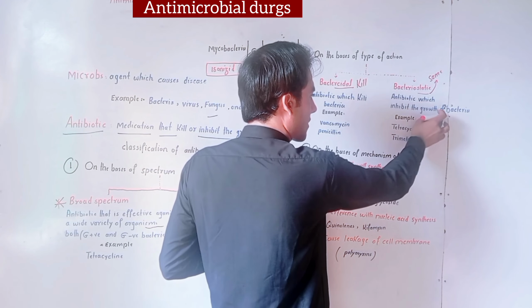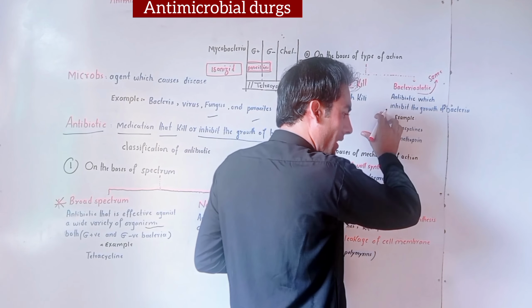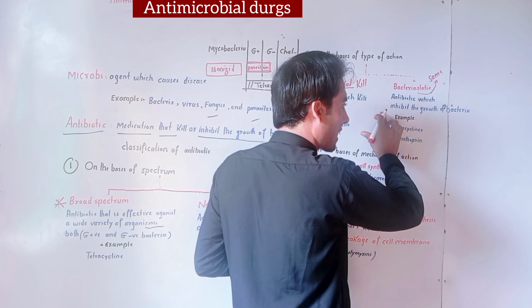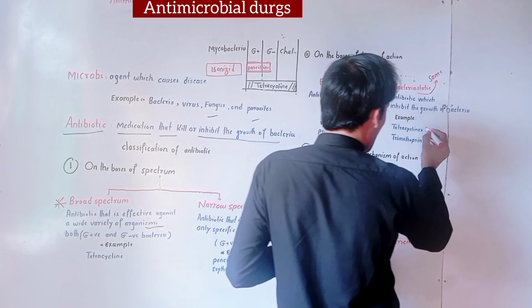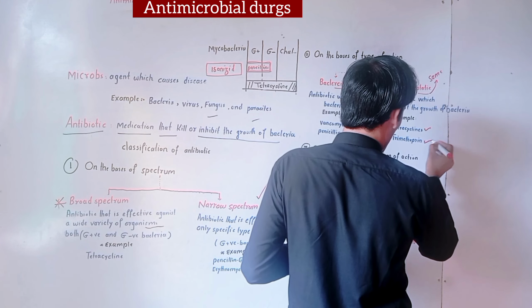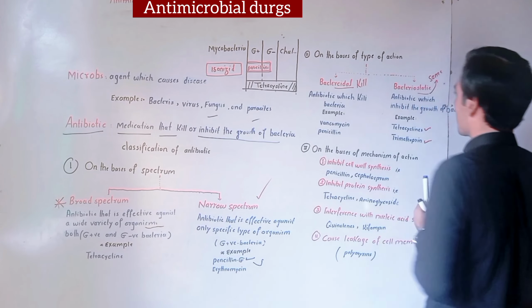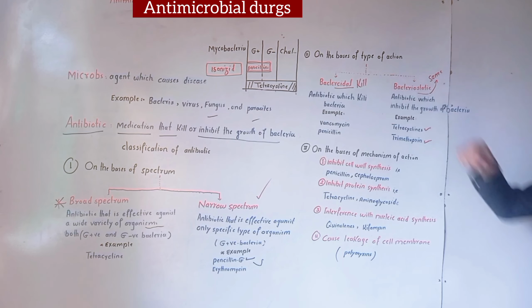Antibiotics which inhibit the growth of bacteria. Meaning those drugs which simply inhibit bacteria from growing, from multiplication and division. Examples of this group are tetracycline and trimethoprim. Now, choosing a bacteriostatic antibiotic is sometimes more beneficial as compared to bactericidal.